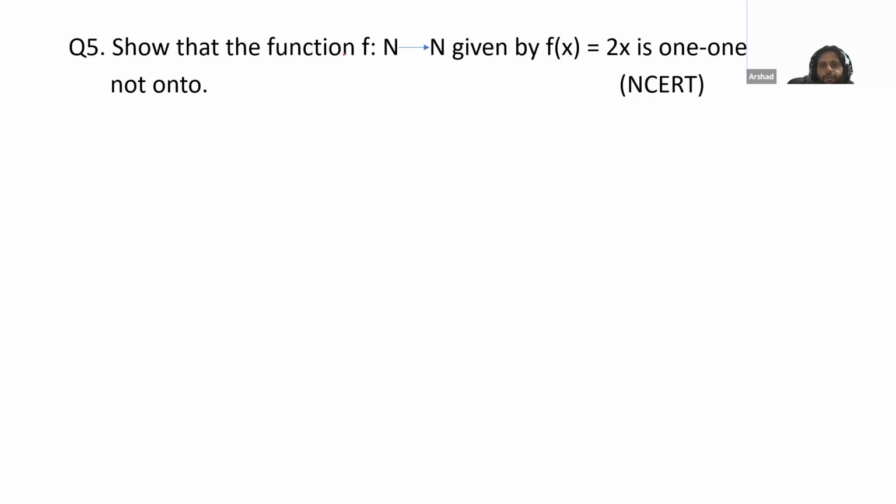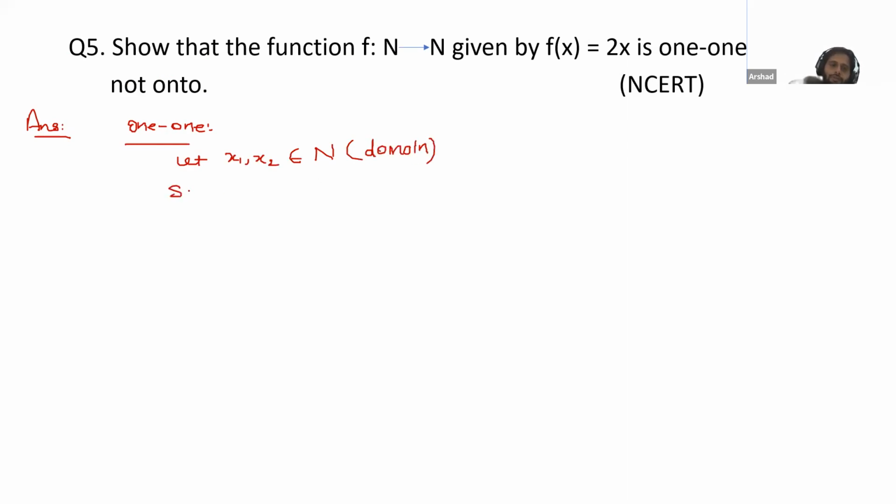Okay, I hope everyone has done this. Whoever has a doubt, then please check here. We need to show that this is 1-1, but not onto. So for 1-1, again same method. Let x1, x2 belongs to first set, and what is the domain?